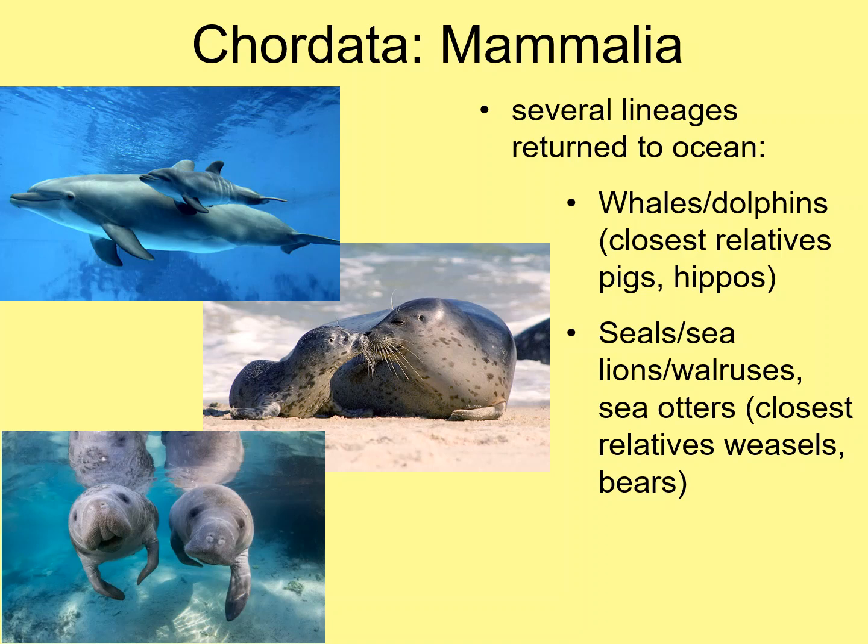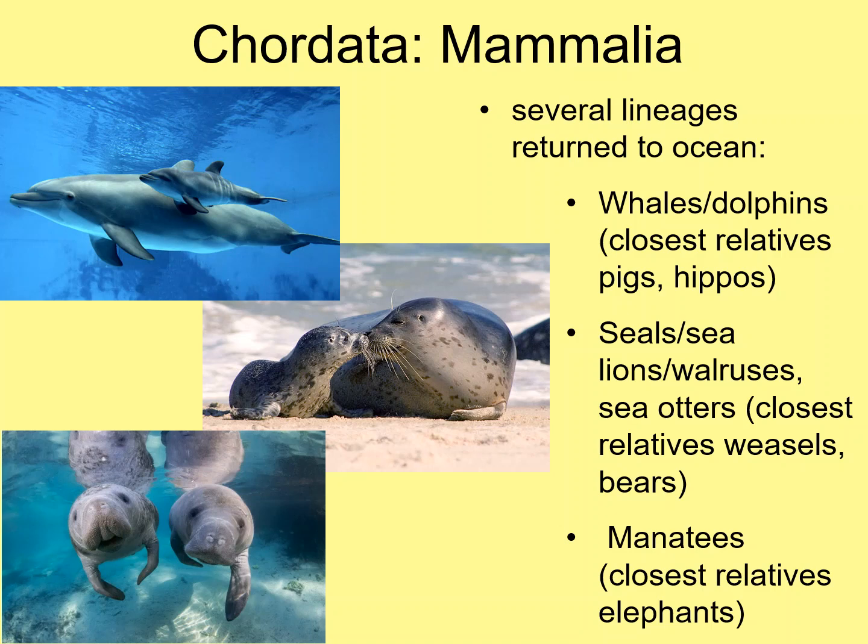They've lost their limbs, and the tail is now this very large tail that's used for propulsion. So this has happened multiple times. We have mammals going back to the water, and of course they're still breathing air, still have hair, still have mammary glands. All those mammal characteristics still at play, even though they are living an aquatic existence.